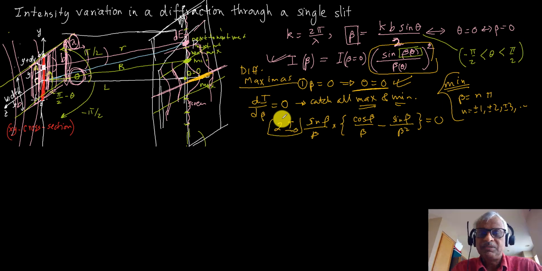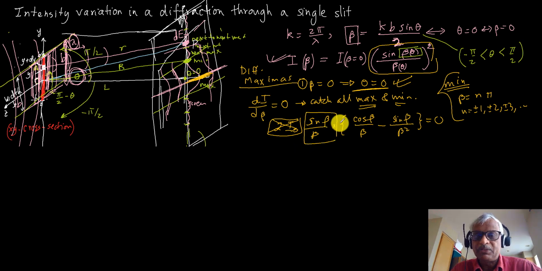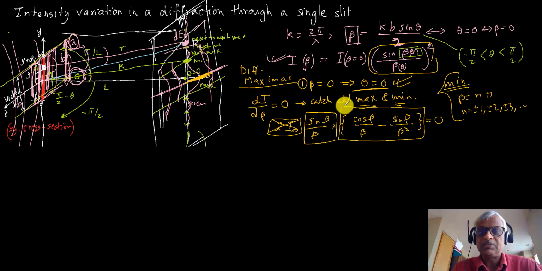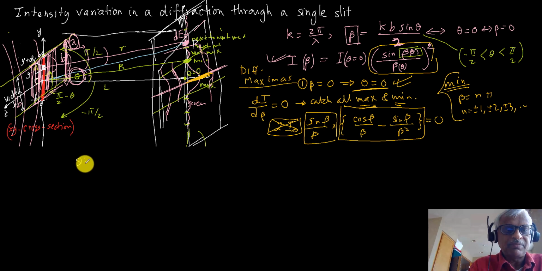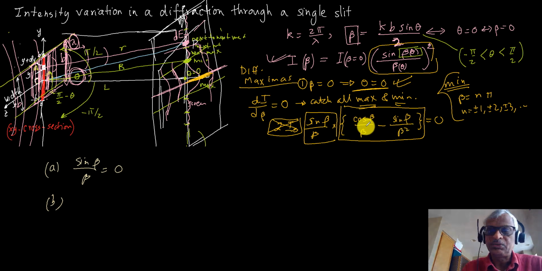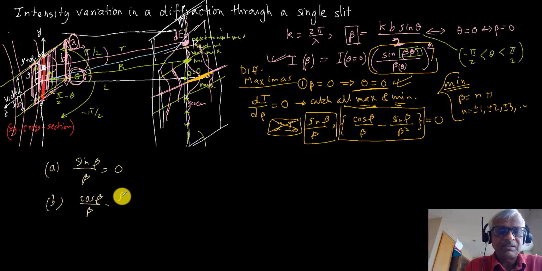Now the prefactor is not 0, so either this factor is 0 or that factor is 0. There are two choices here. Choice number A is sine beta over beta equal to 0. Choice number B is cosine beta over beta minus sine beta over beta square equal to 0.